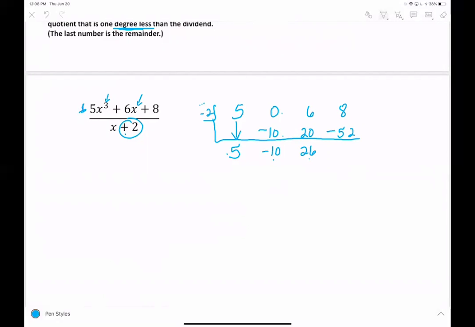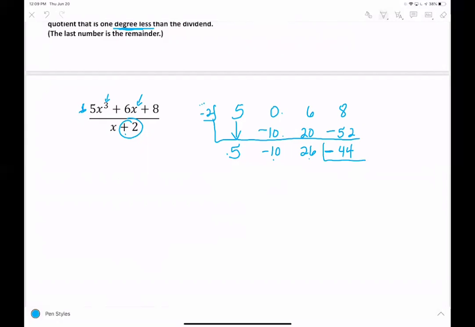Then we're going to subtract, and I'm doing terrible at doing math in my head, so let's see, that's 52. That's negative 44. And so that's the remainder.